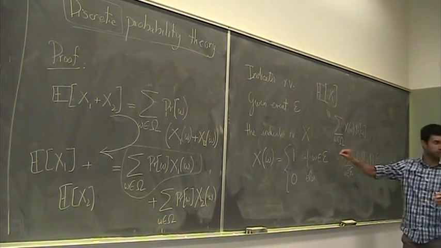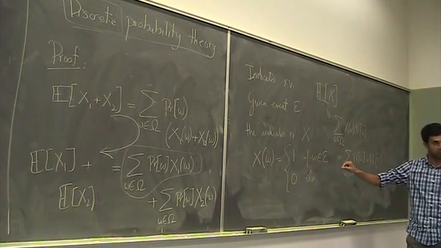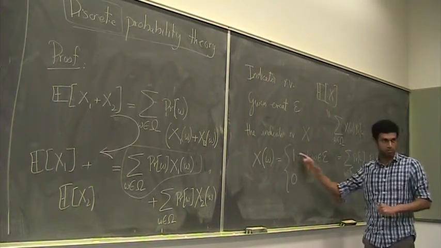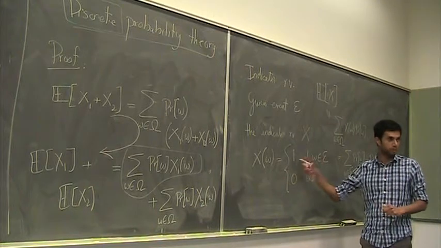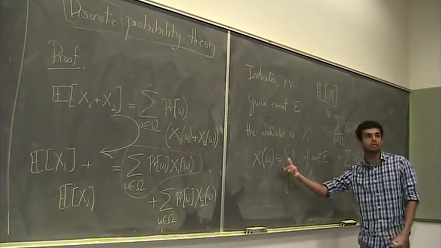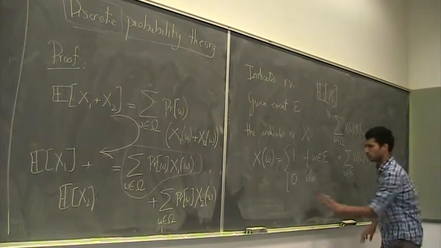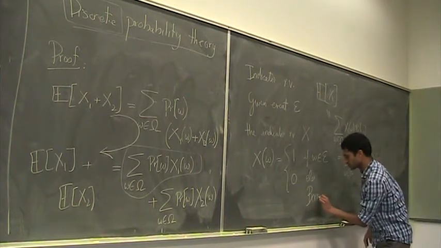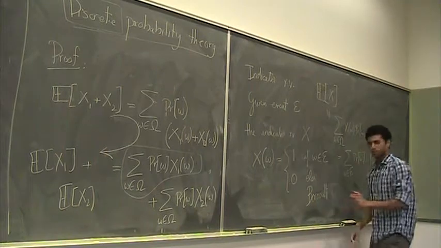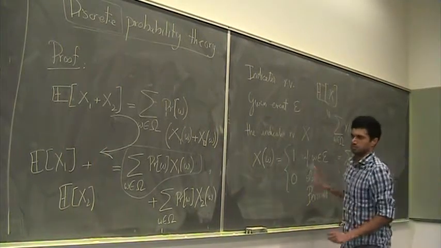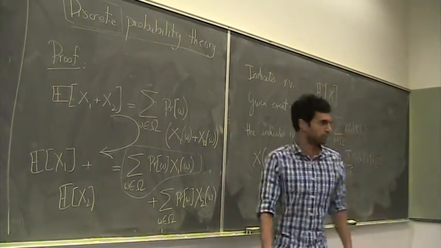So the indicator simply says, does the event happen or not? So this is a 0, 1 random variable. It's a bit. But the expectation of the bit is the probability. These are also referred to as Bernoulli random variables.